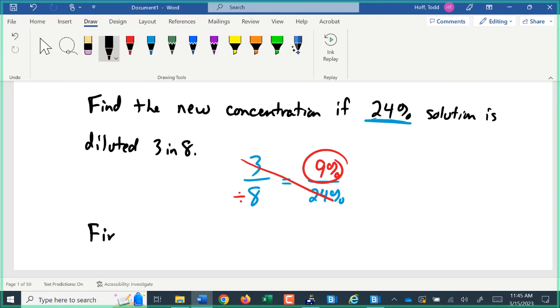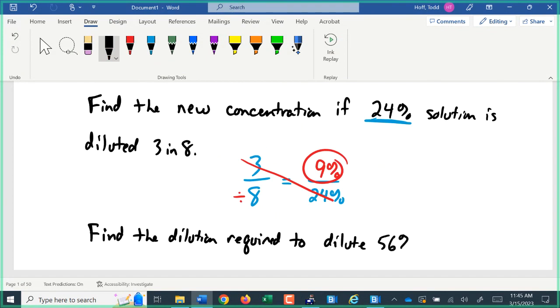Or we might ask, find the dilution required to dilute 56% solution to 21%.